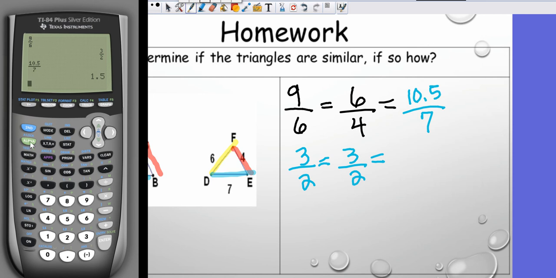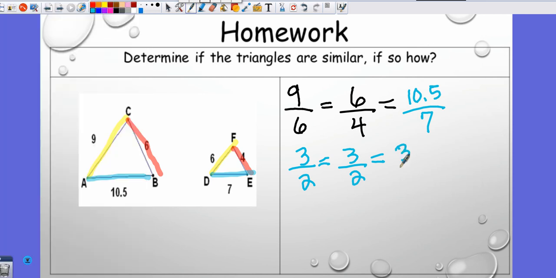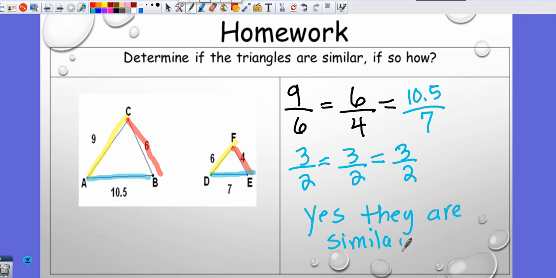And that's 3 over 2 also. And there we go. So we can say, yes, they are similar. And we're going to say they're similar by side, side, side. And you can put similarity theorem. I'm saying side, side, side, SST for similarity theorem.